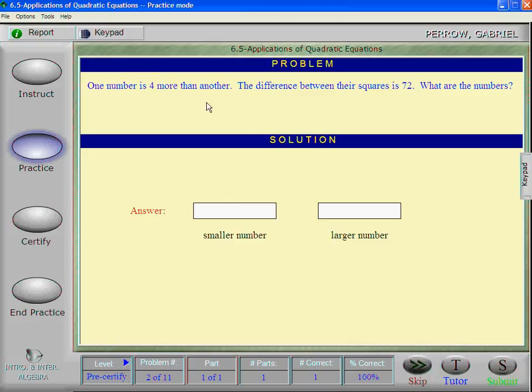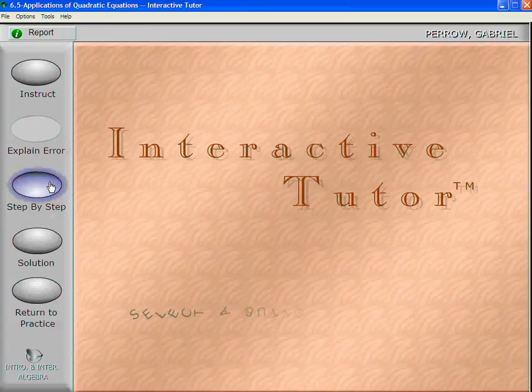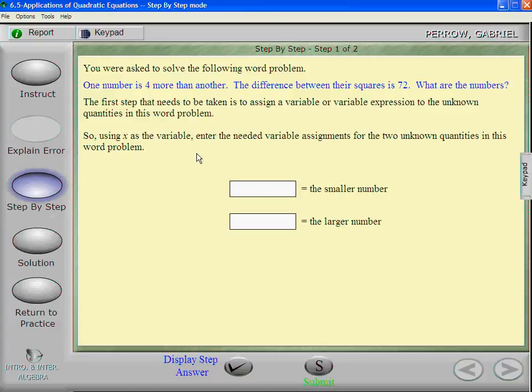One number is 4 more than another. The difference between their squares is 72. What are the numbers? So again, we're talking about the same type of information. How do we set it up? One number is 4 more than another. Well, if the first number is x, then x plus 4 is the second number.